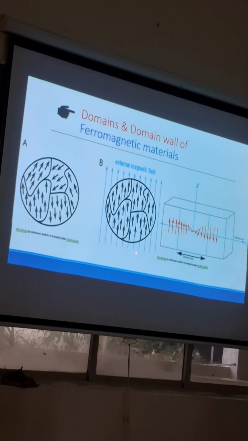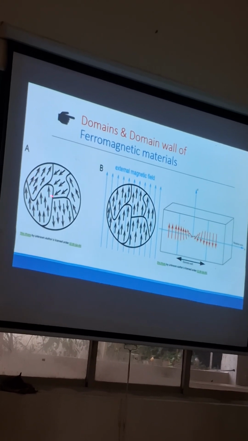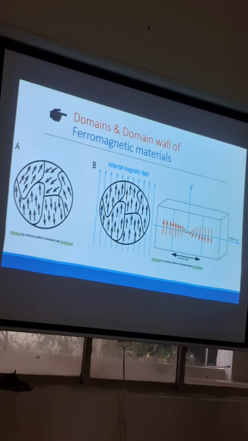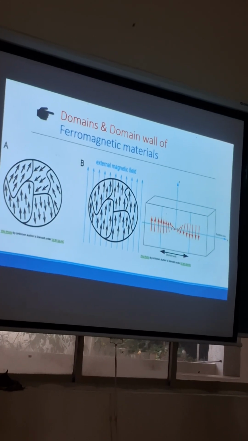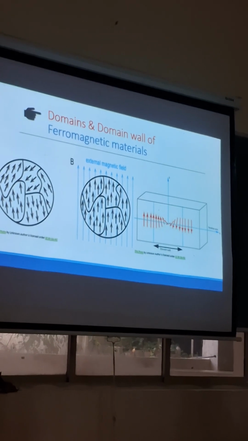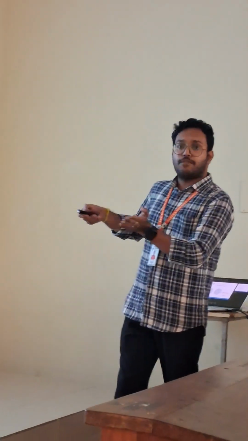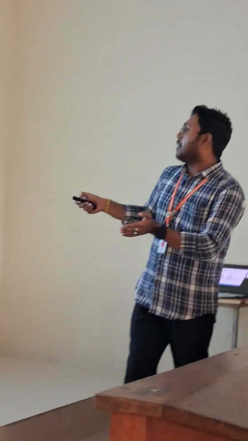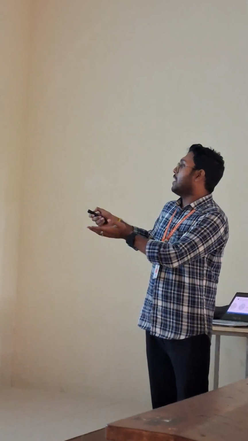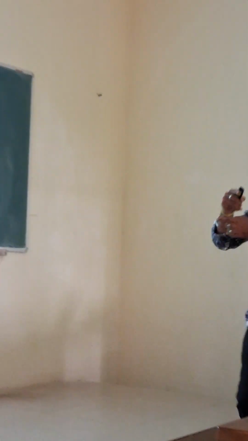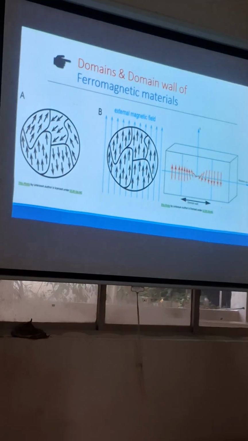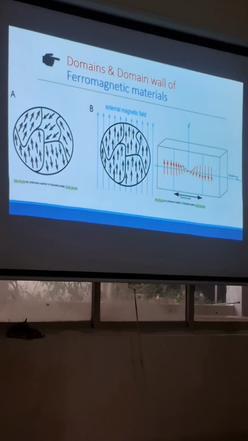After we apply a field, all the opposite directions of every domain come into a single direction, which is aligned with the magnetic field. This happens when we keep the electron flow in the material. When the magnetic field is applied, all the electrons change direction, rotating on their own path. That's why it has its own angular momentum, which is also explained in the spintronic experiment.